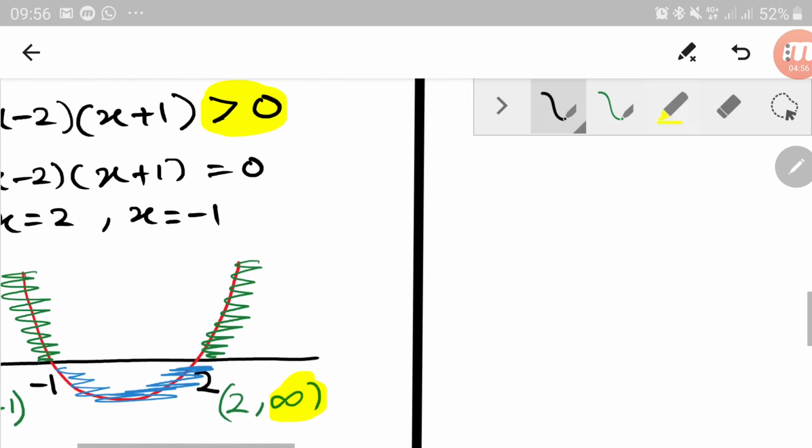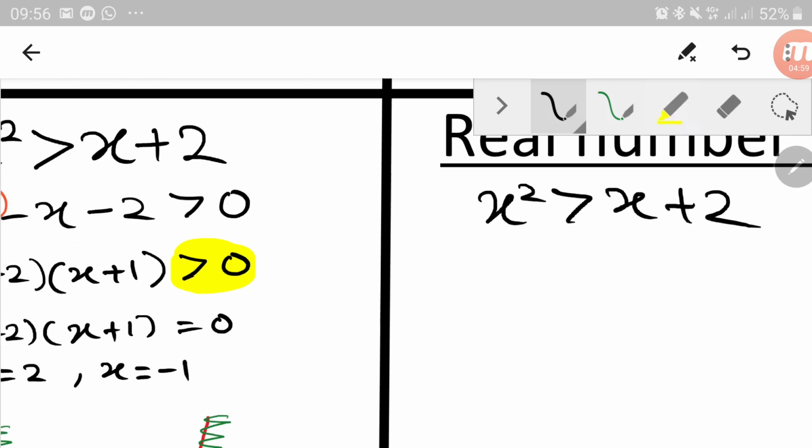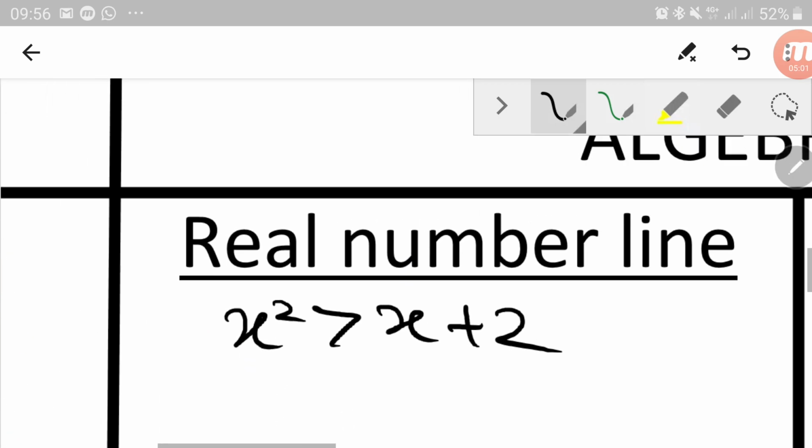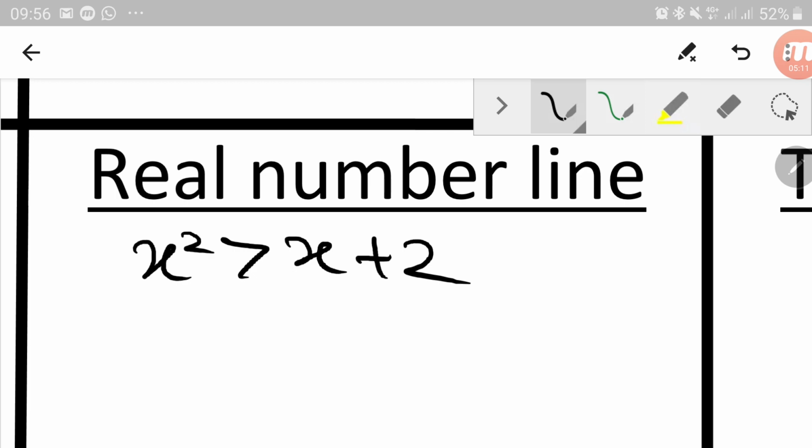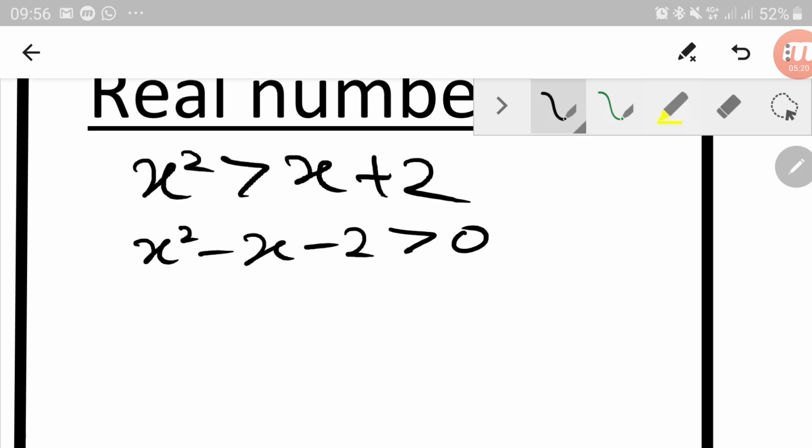Let's move on to the second one, on how to solve the same problem. I just copy paste the question, and then we use the real number line. It's almost the same thing. We group everything on one side, and then we get that.